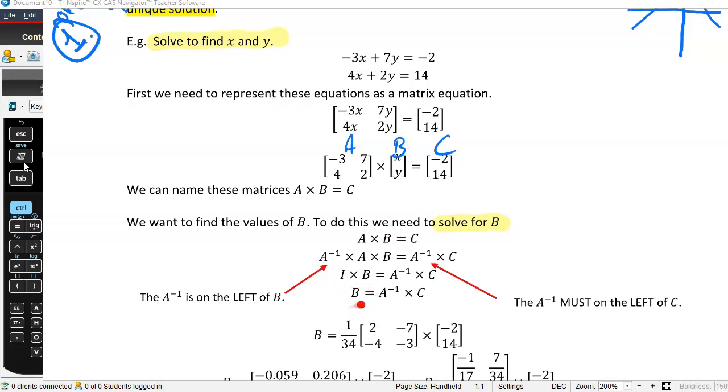So that's why we get left with B. So here we've got B equals the inverse of A times C.